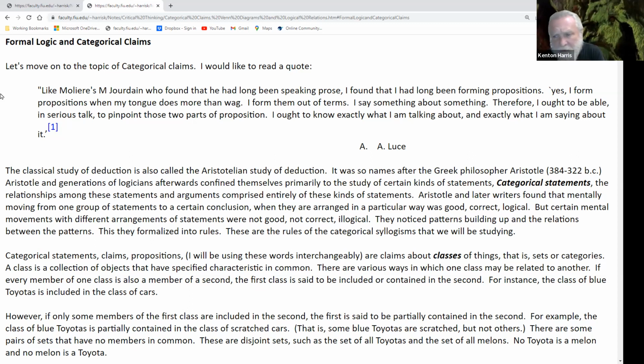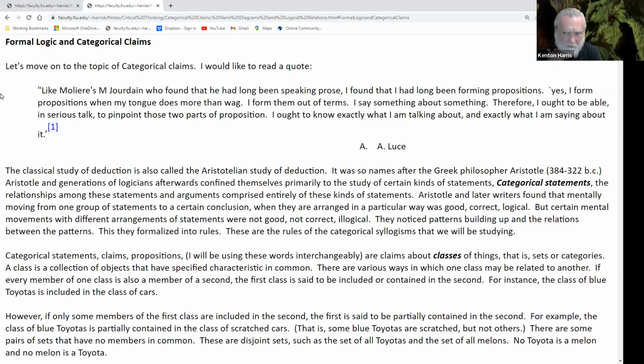Aristotle and later writers found that mentally moving from one group of statements to another certain conclusion, when arranged in a particular way, was good, correct, and logical. But certain mental movements from different arrangements of statements were not good, not correct, and not logical.